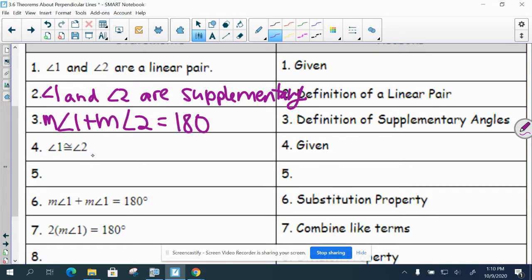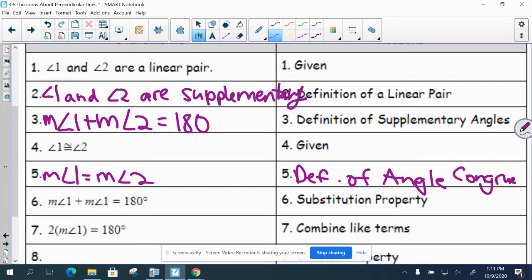So in order to work with the measures, we could say that the measure of angle 1 equals the measure of angle 2 because of the definition of congruent angles. Definition of angle congruence, which is something that you are familiar with.